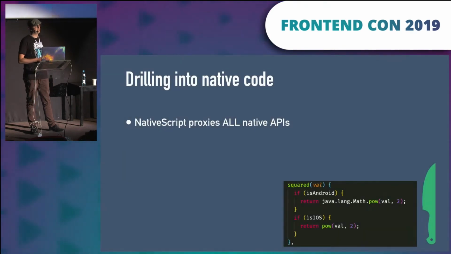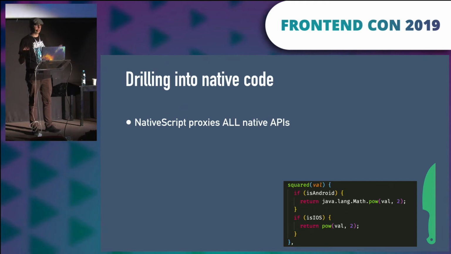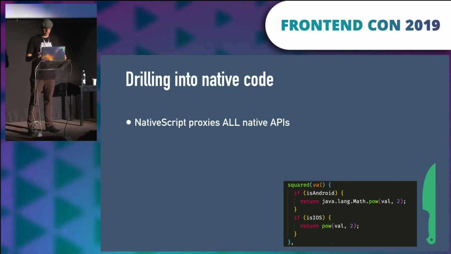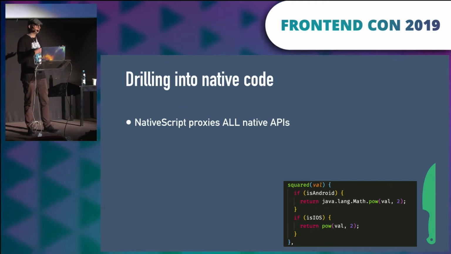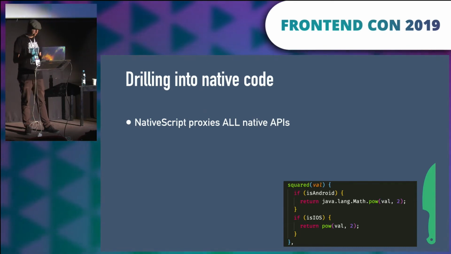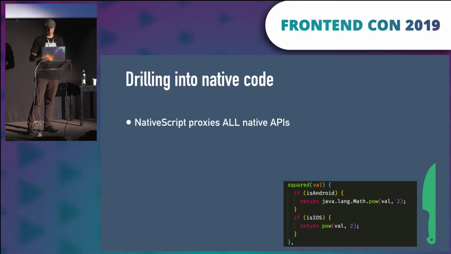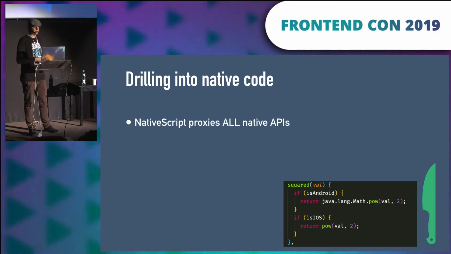So I know this is a simple case, but it already shows a lot of what NativeScript does. It actually detects what is the native function that you are trying to call, and it will call that function. But also it will convert from the JavaScript types to the primitive types on Java and on Objective-C.